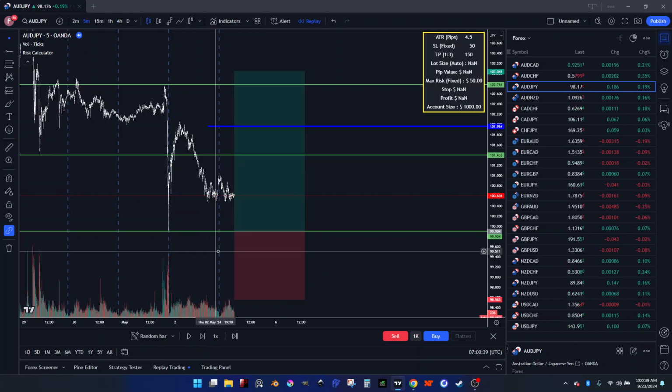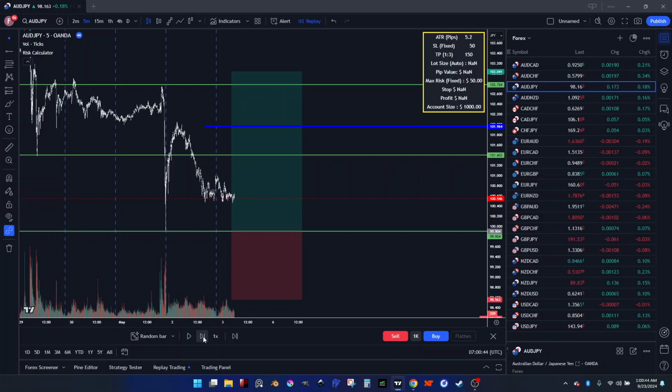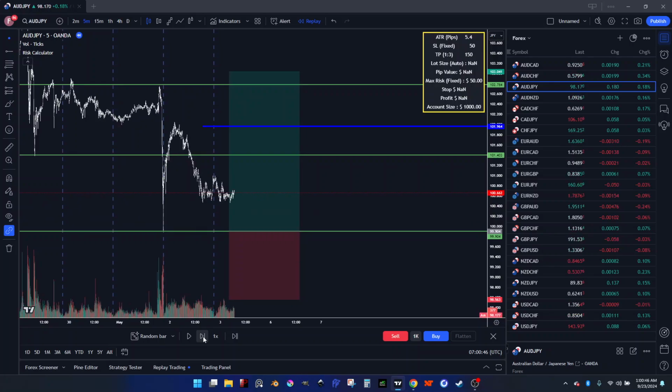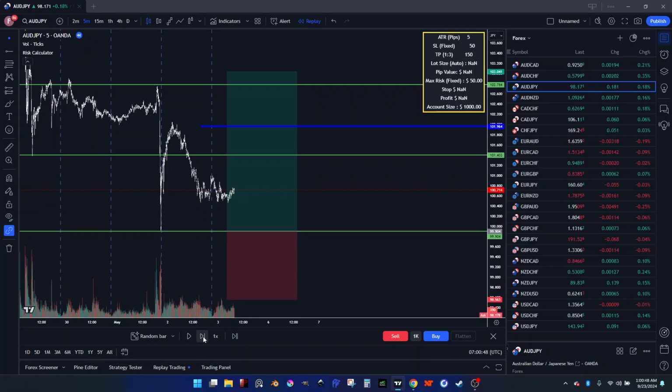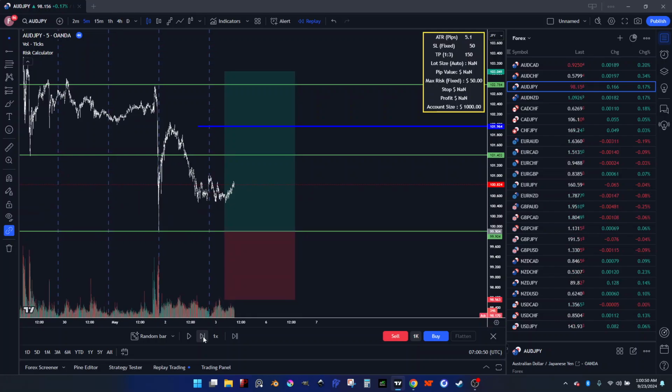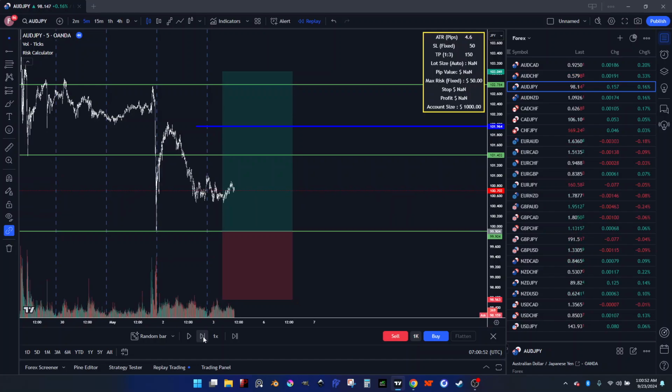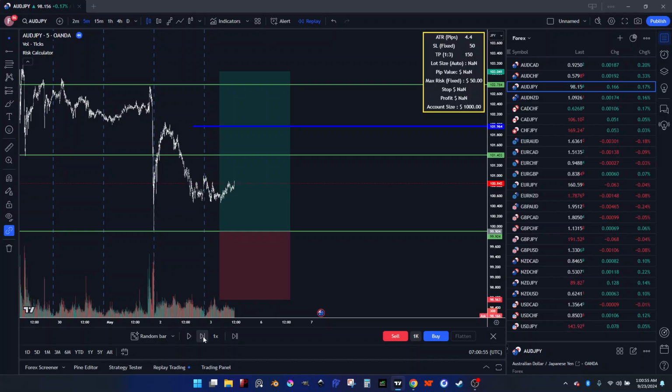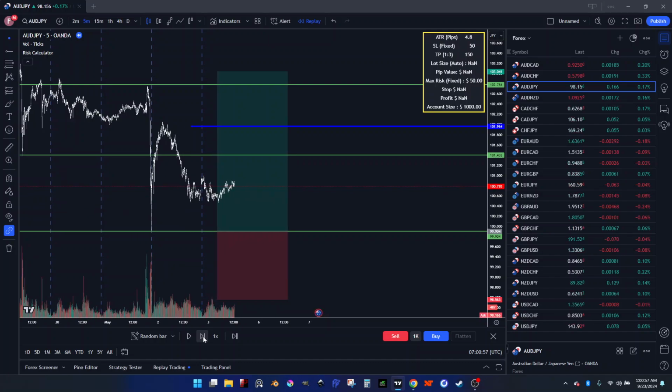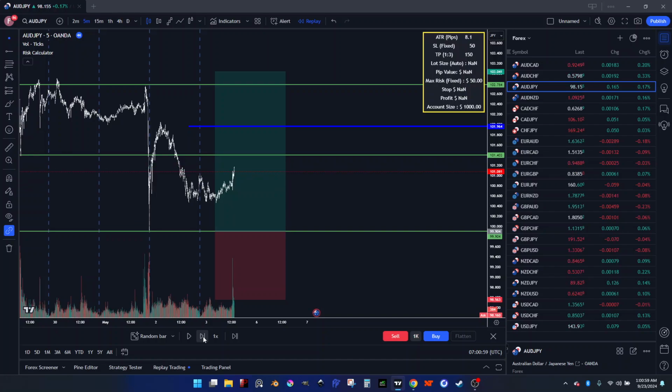Initially just guessing it's going to dip down a little bit and then jump back up. I'm going to be watching this for a market entry. This one might take a minute to get to that level.